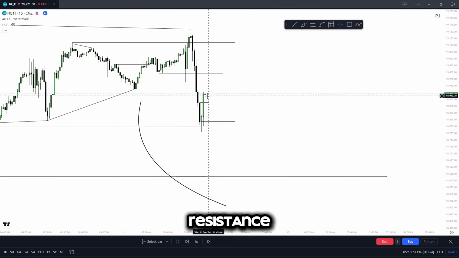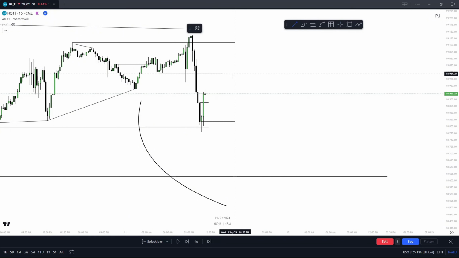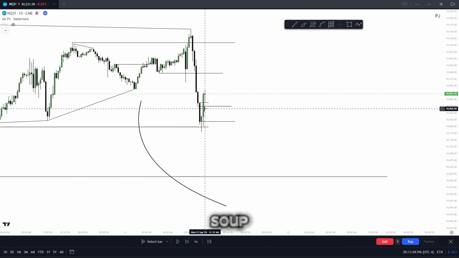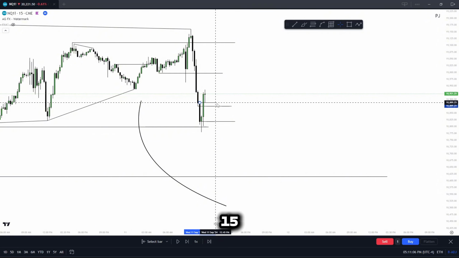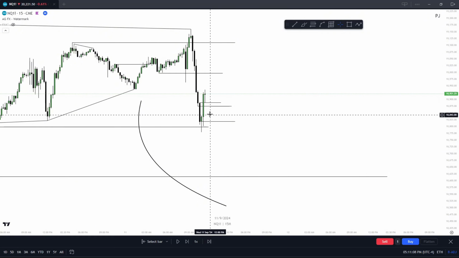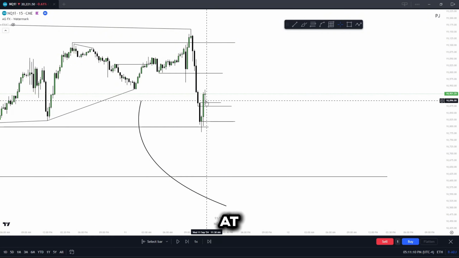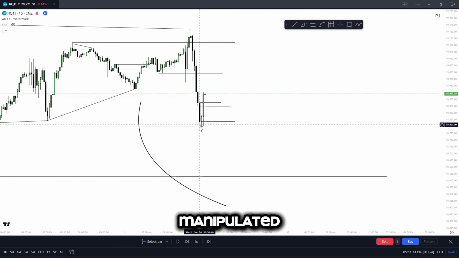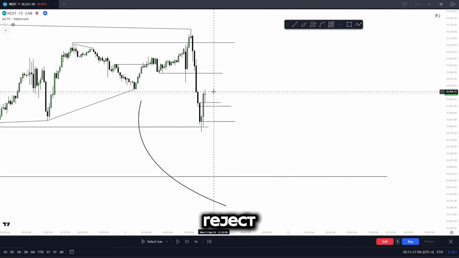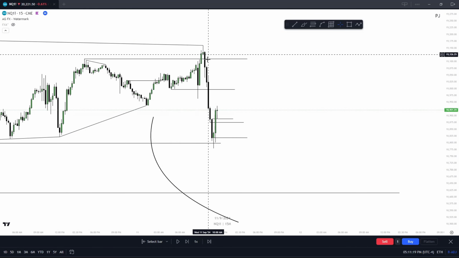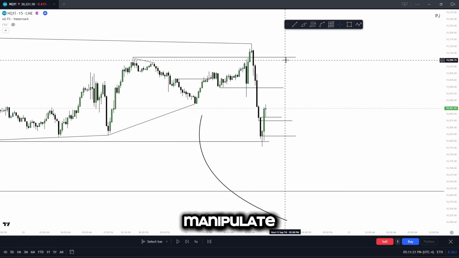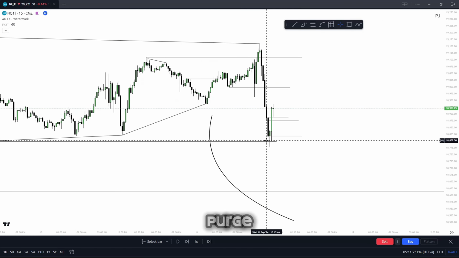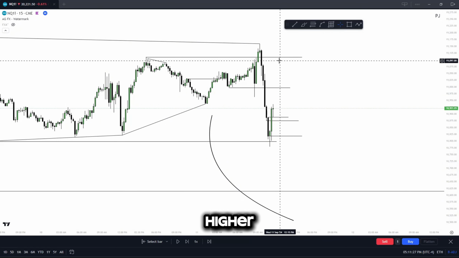So you could even buy in here, or you could wait to see if we need to soup the internal into the 15-minute fair value gap. At this point, I would say that it's not needed because price is manipulated hard, so it should reject harder. Accumulate, manipulate, distribute. Classic market structure shift purge, as well as a higher time frame 1 candle purge.